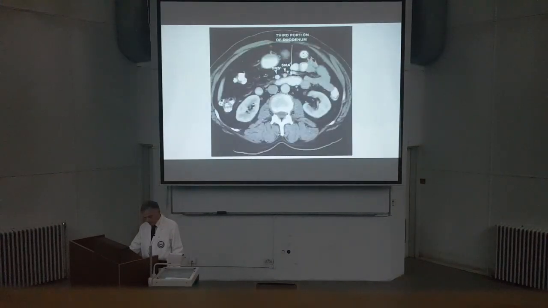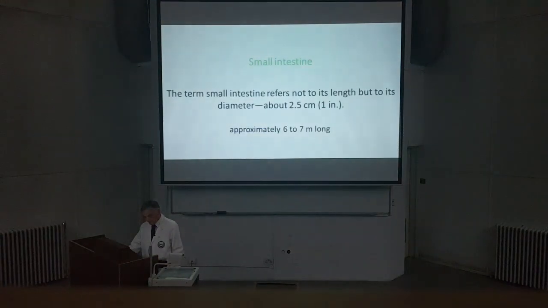Same image. Where are we now? This is the horizontal part of the duodenum. Small intestine, it is small because the caliber is smaller.